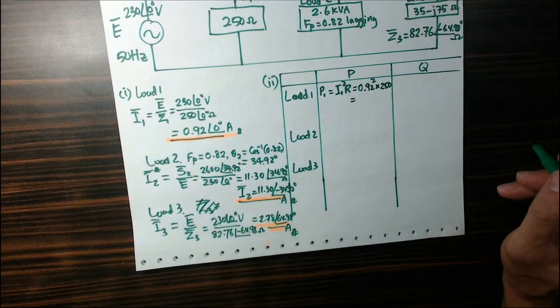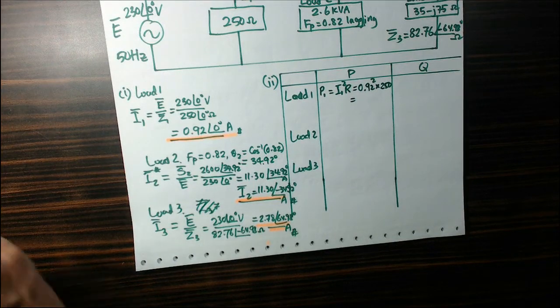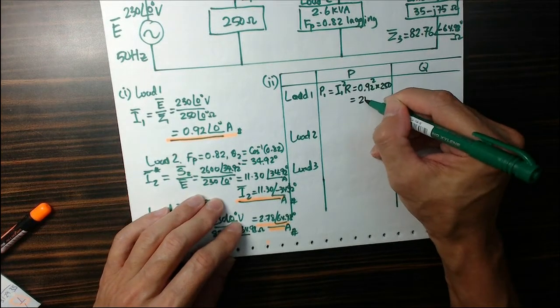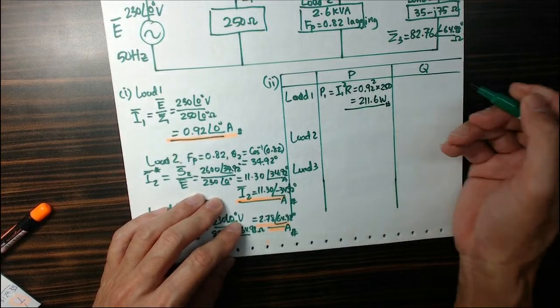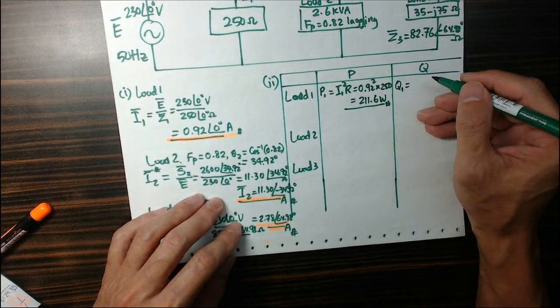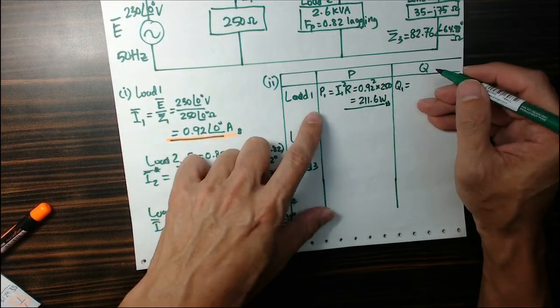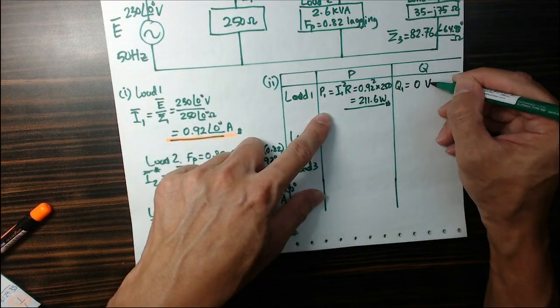I squared R will give me a value of 211.61. And Q1 will be 0 since there is no reactance there. 0 VAR.